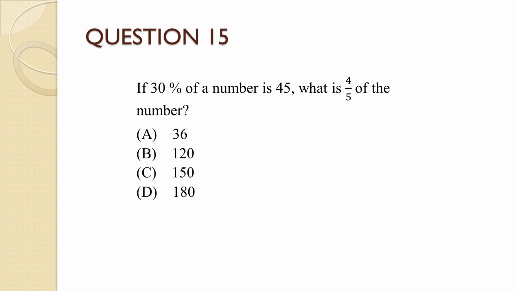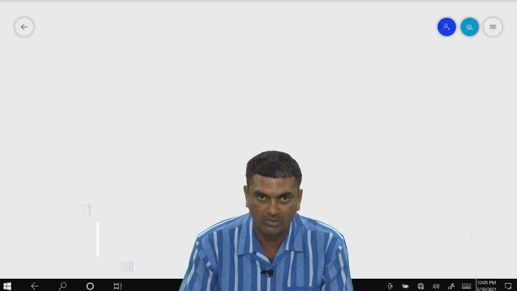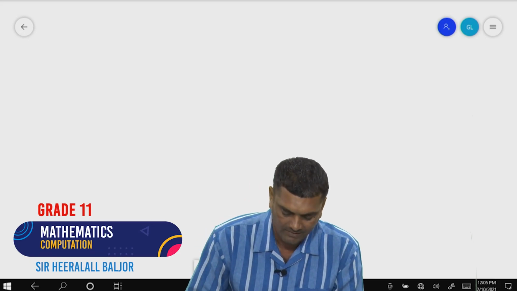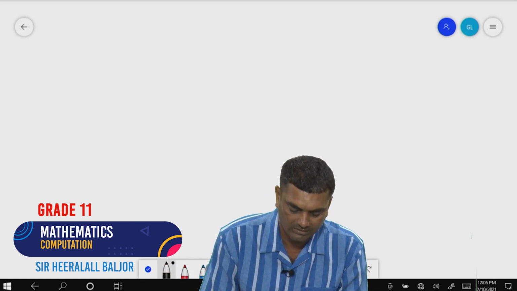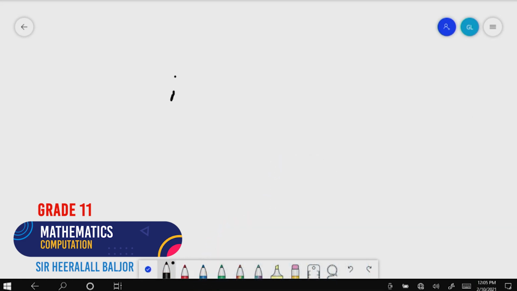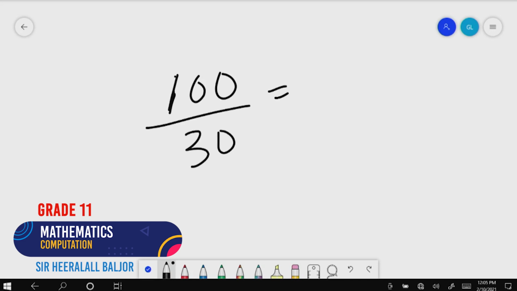If 30% of a number is 45, what is 4/5 of the number? Now 30% of the number is 45. All we need to do is to find the 100%, which would have given us the number. So 30%, if we were to find the 100%, it would have been 100 upon 30 times 45, which would have given us the whole number, or the number in terms of 100%.